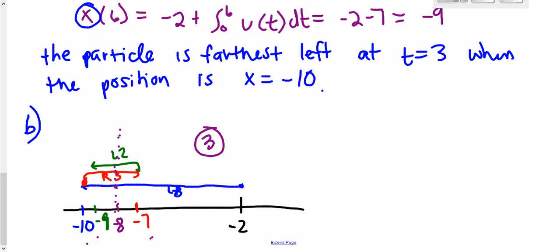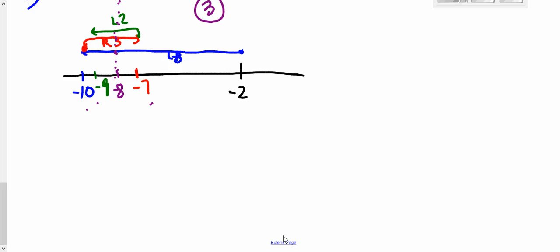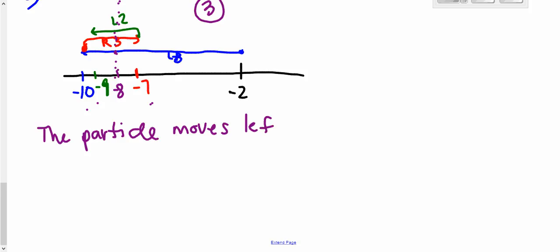So this is all well and dandy, but we need a final answer and we need to use some calculus terms. So when does this particle move and why does it move and why does it cross -8? Well, the particle, because that's what's moving, the particle moves left from a position, so position is x, so it moves left from x equals -2, and then it goes to x equals -10.